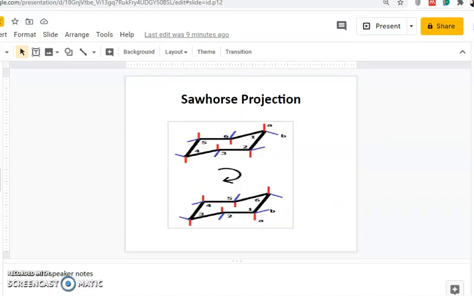Now this is the Sawhorse projection formula of the chair form of cyclohexane.